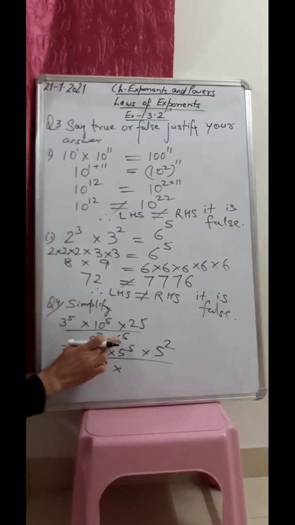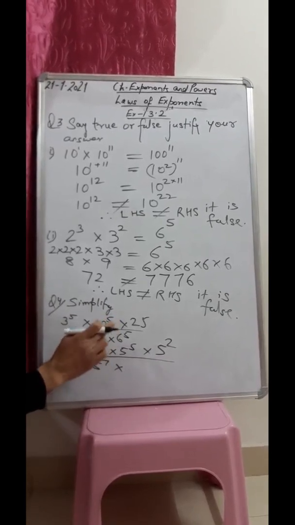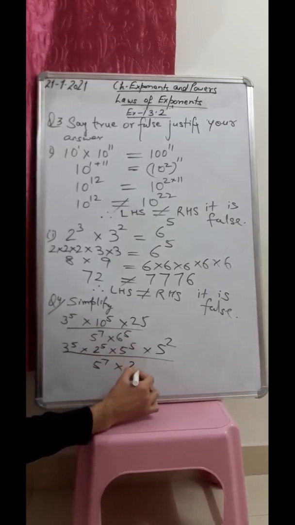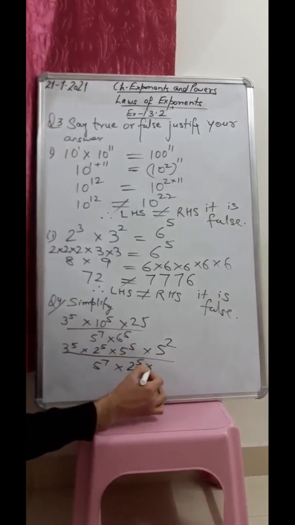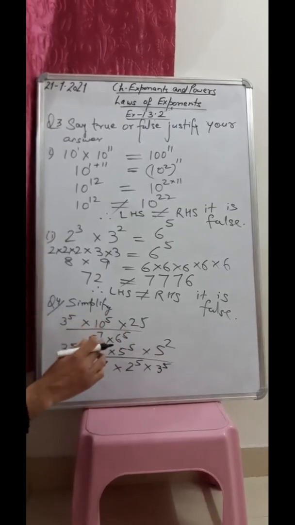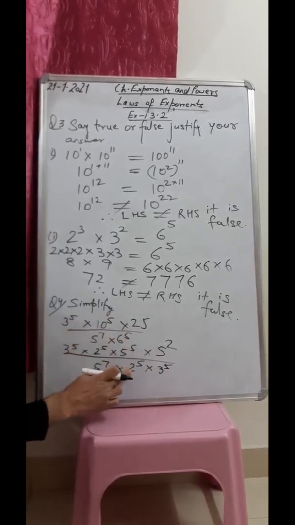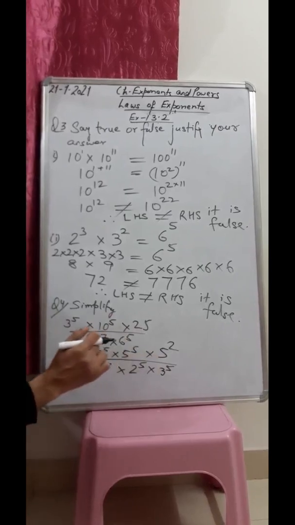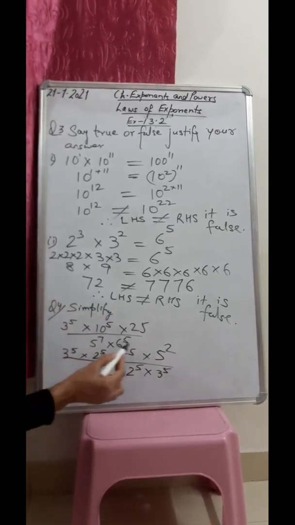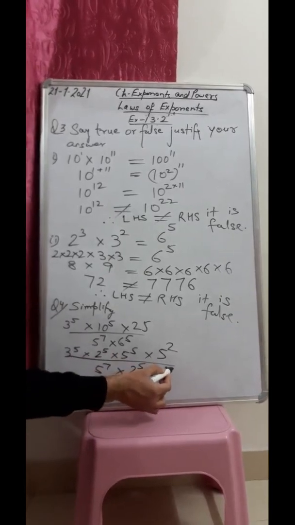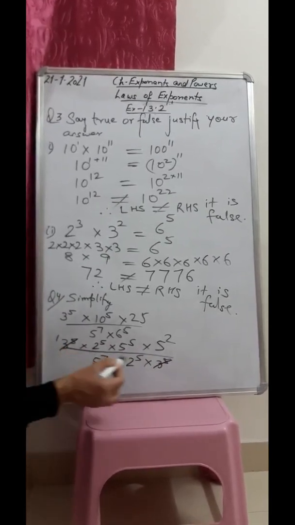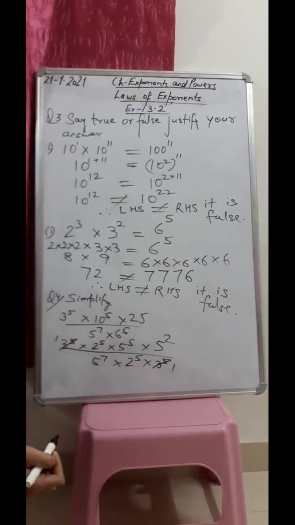Now the factors of 6 are 2 and 3, so we can write 6 raised to power 5 as 2 raised to power 5 into 3 raised to power 5. Now 3 raised to power 5 and 3 raised to power 5 we can cancel because both are the same. In that place we can write 1.